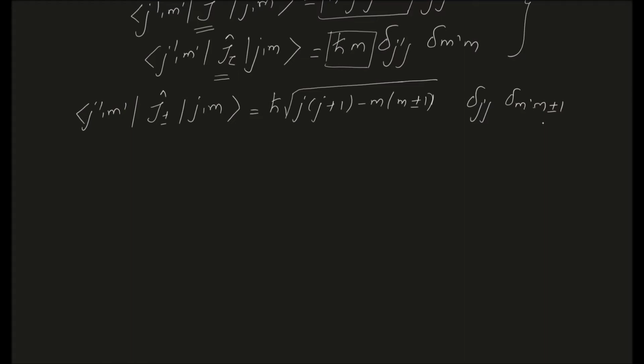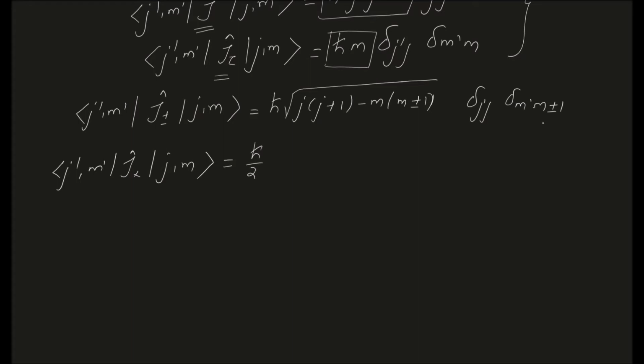Similarly, the matrix for Jx can be written as <j' m'| Jx |j m>.